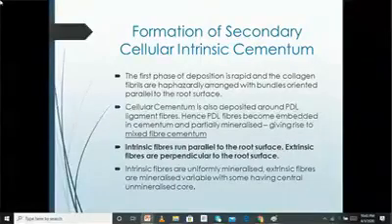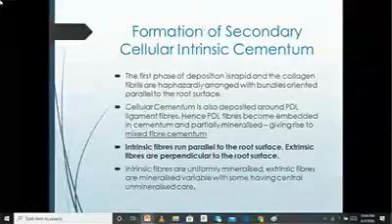So the intrinsic fibers in the secondary cementum run parallel to the root surface, whereas the extrinsic fibers in the primary cementum run perpendicular to the root surface. The intrinsic fibers are uniformly mineralized in the secondary cementum, whereas the extrinsic fibers are not uniformly mineralized.